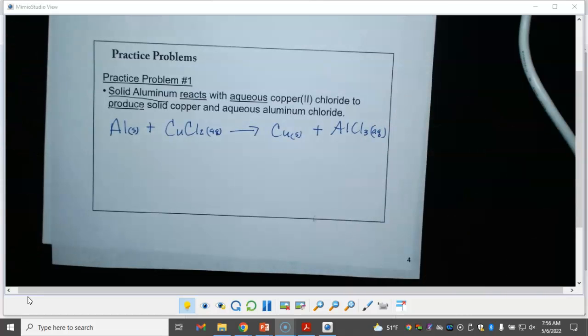Now, hopefully you can see why it is really important to have your formulas correct. Because if your formulas are not correct, when you try to put coefficients, things are going to be off.